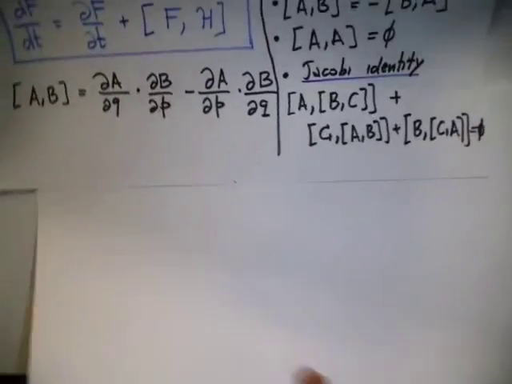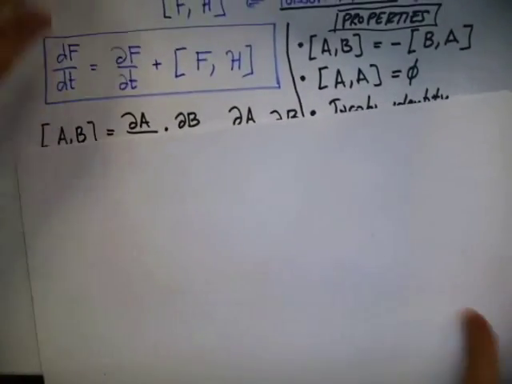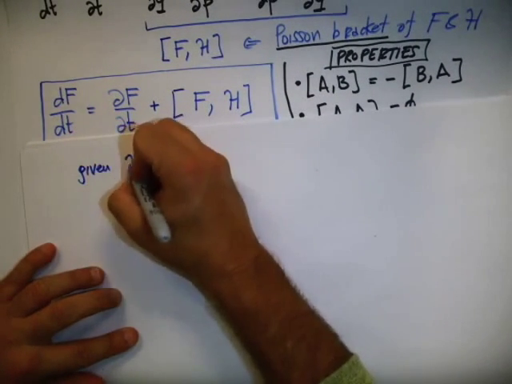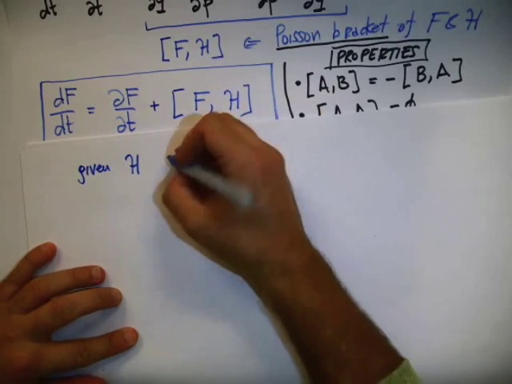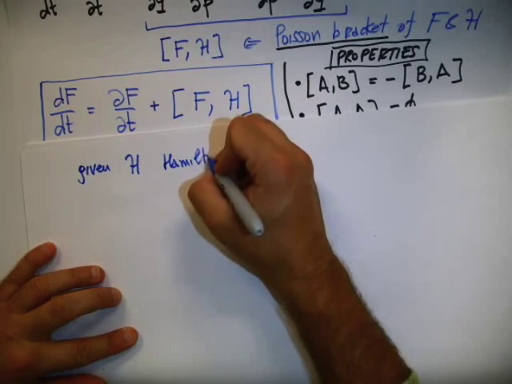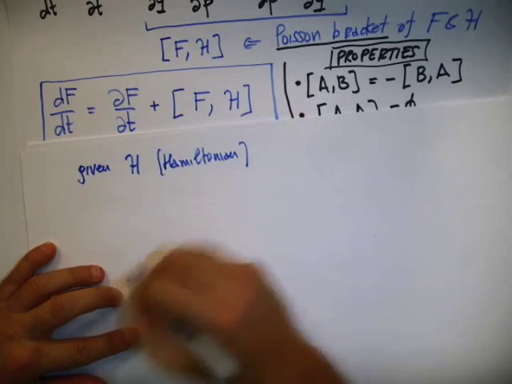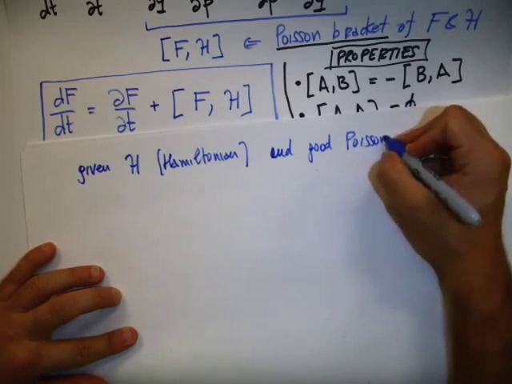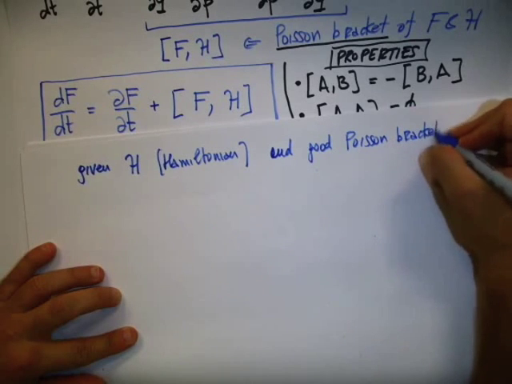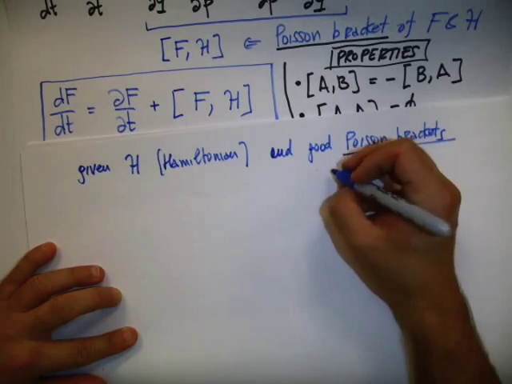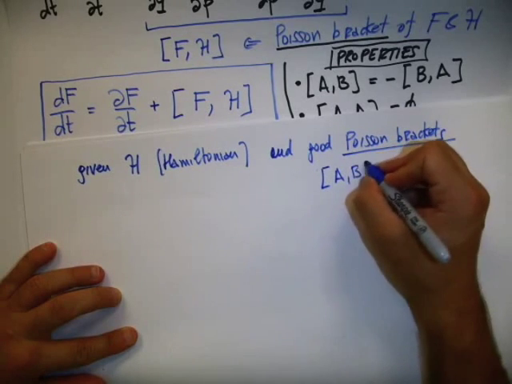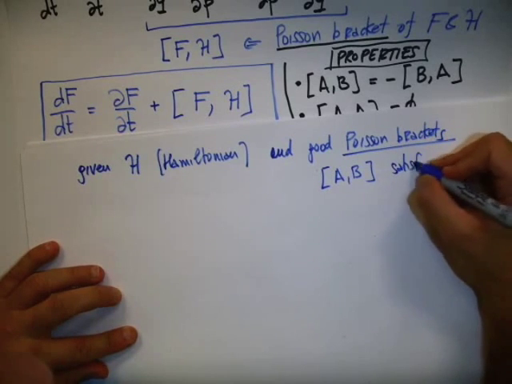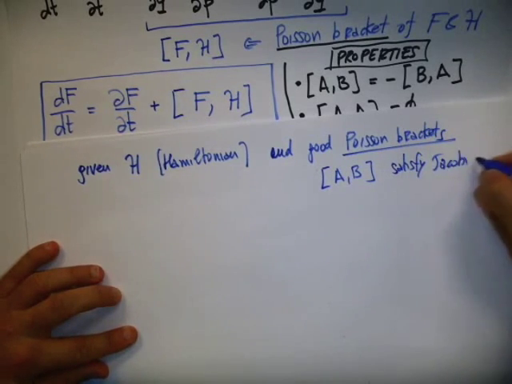So that's all this math to basically rewrite our system. Given H, the Hamiltonian, and good Poisson brackets, in our case AB, we satisfy the Jacobi identity.